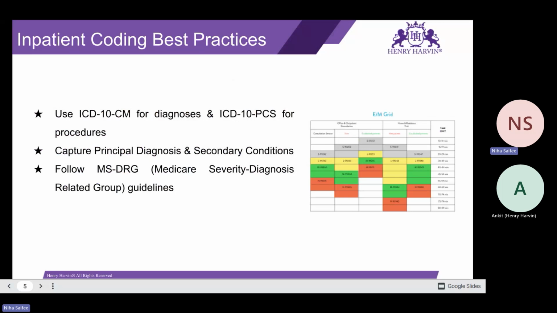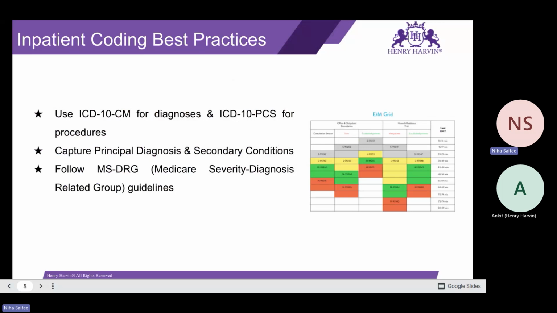But when I talk about inpatient, supposing the same patient has long standing chronic diabetes, but today the patient has been admitted in the hospital with very high blood sugars, hyperglycemia.